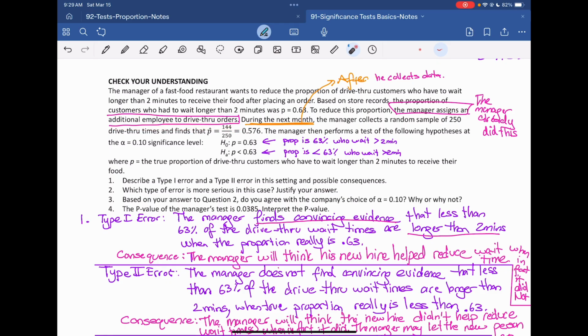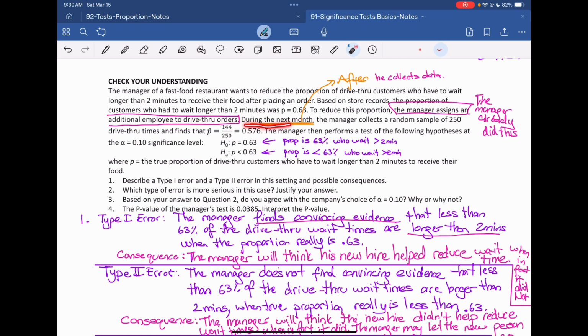So they're not checking to see if the proportion is 0.63 or higher. They literally did already hire an additional employee or just reassigned a person from a different location. In other words, they increased their manpower at the drive-through.